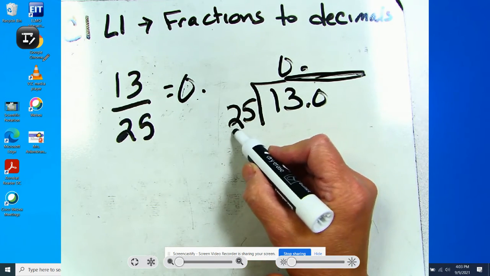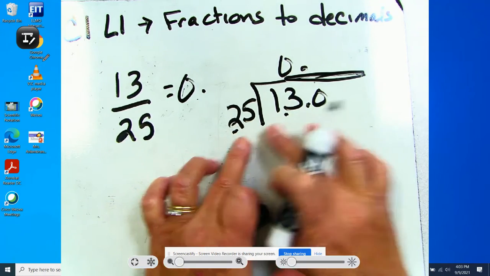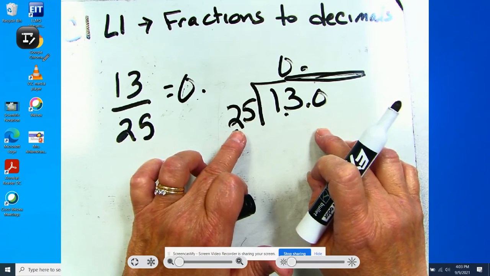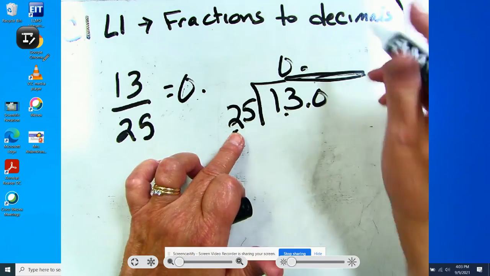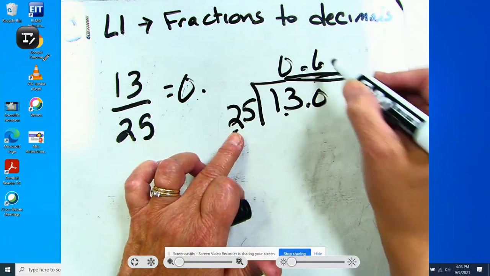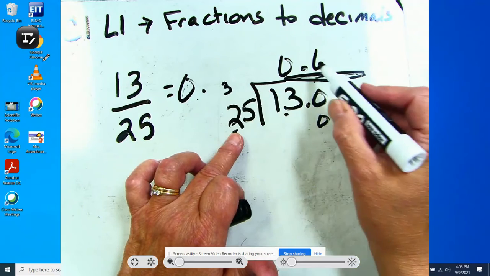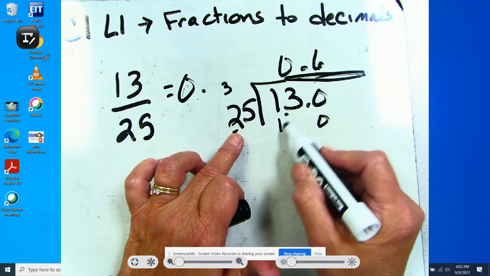Now you're going to take 2 goes into 13. Since you've got 25, that's 2 digits into 3 digits. So what you want to do is focus on the first digit into the first 2 digits. So 13 divided by 2 would be 6. 6 times 5 is 30. 6 times 2 is 12, plus 3 is 15.